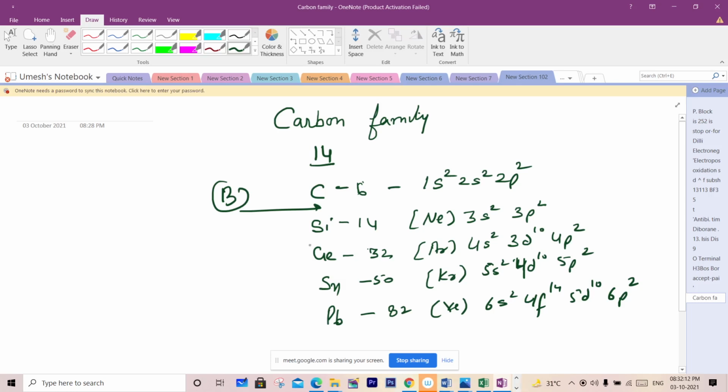As you go from left to right, ionization energy increases. But as you go down the group, the size increases. Now, what about the electronegativity?